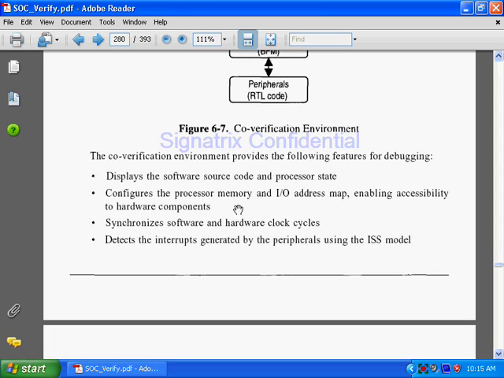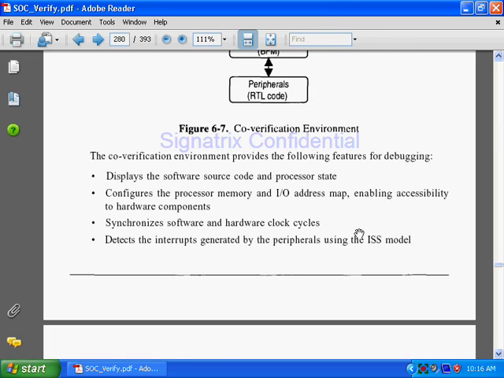Then the second point, they are telling that you configure the processor memory and input output address map, enabling accessibility to the hardware components. So you have to configure the processor model or input output address map. That is why they are telling these things, so that you can access the hardware components, any of the RTL.